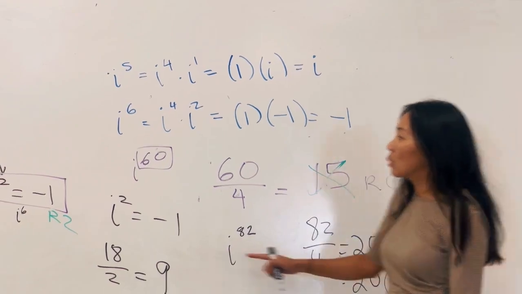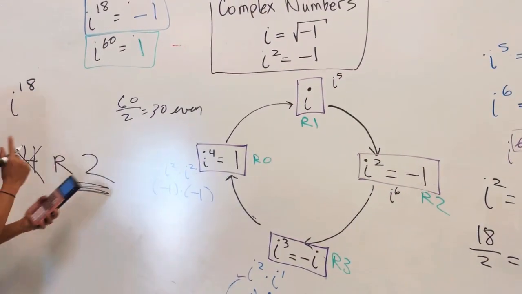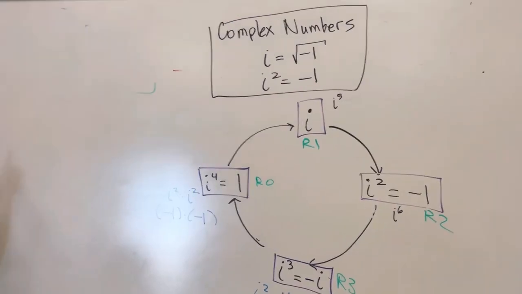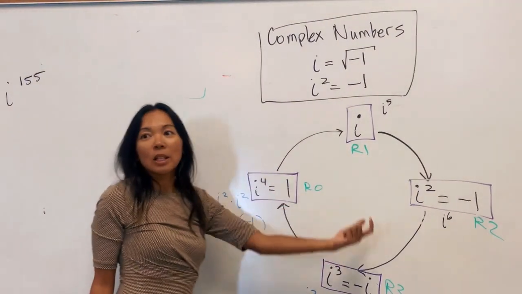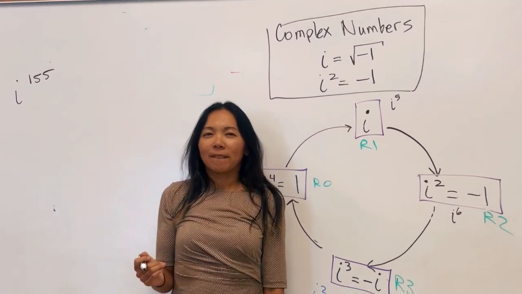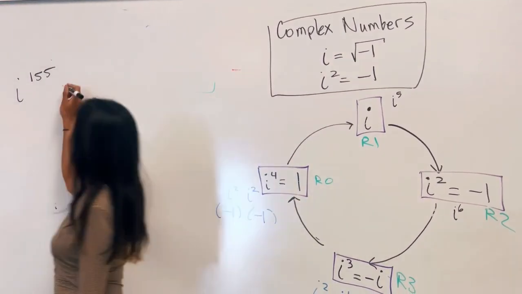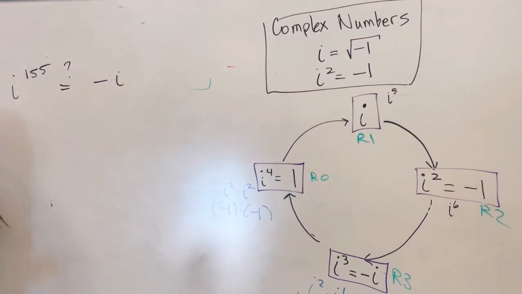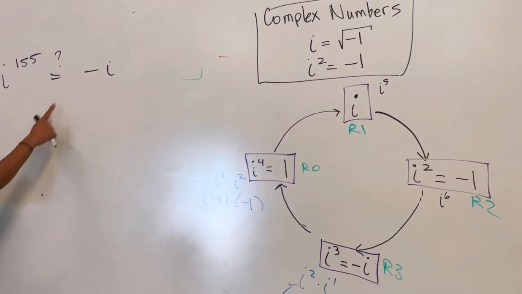So what if I said i to the 155? What do you guys think it is? Negative i? I hear that as a question mark. So what do we do to find out the answer?